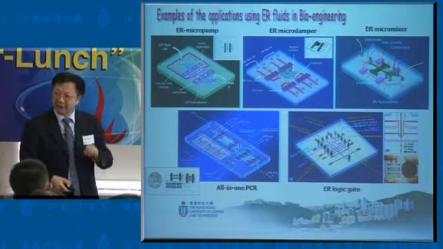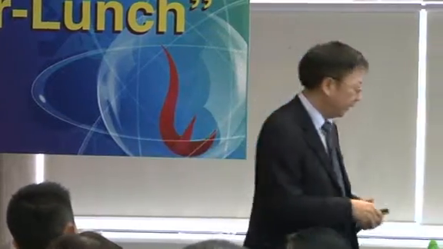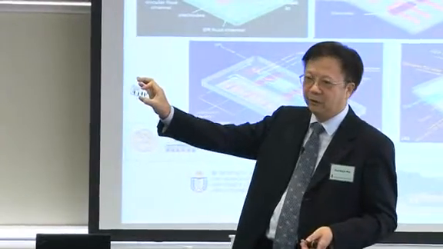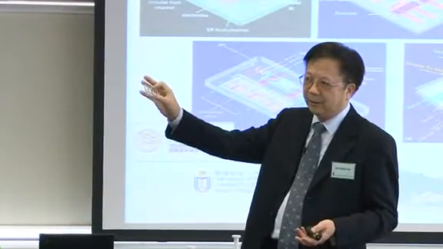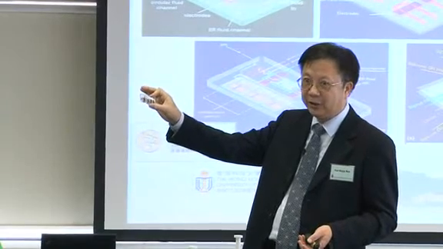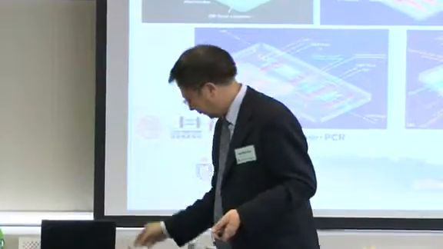It's the ER gate. The ER gate looks like an electrode gate. So here's ER PCR. PCR is very useful for biomedicine or detection of DNA. So these are ER chips, which use ER fluid.